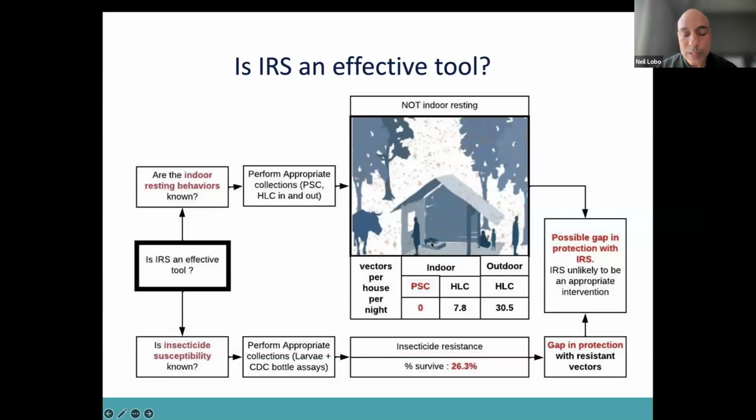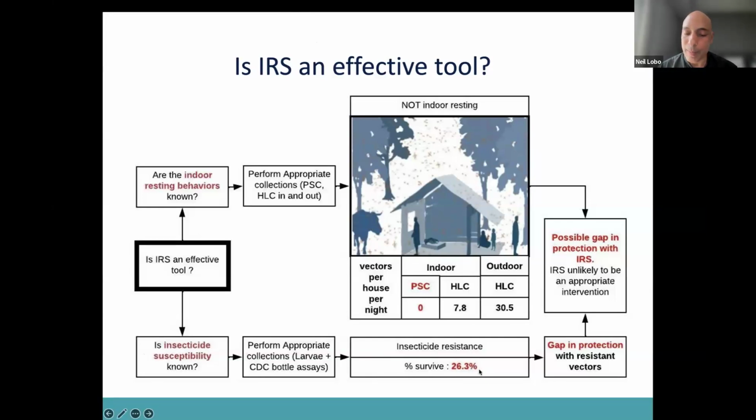Please note, we use different houses for the PSCs, 15 of them, and we use different houses for the HLCs, so we didn't contaminate our sampling methods. When we looked at insecticide susceptibility, whether the mosquitoes are susceptible or resistant to the insecticide, pirimiphos-methyl, what we found is that 26.3% of the mosquitoes survived.